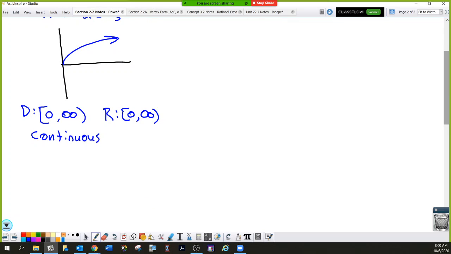It is an always increasing function, so it's increasing over its entire domain. However, remember you can never include endpoints in your increasing and decreasing, so it does have to have a parenthesis on it. So it increases forever, and since it has a bottom, it is bounded below.